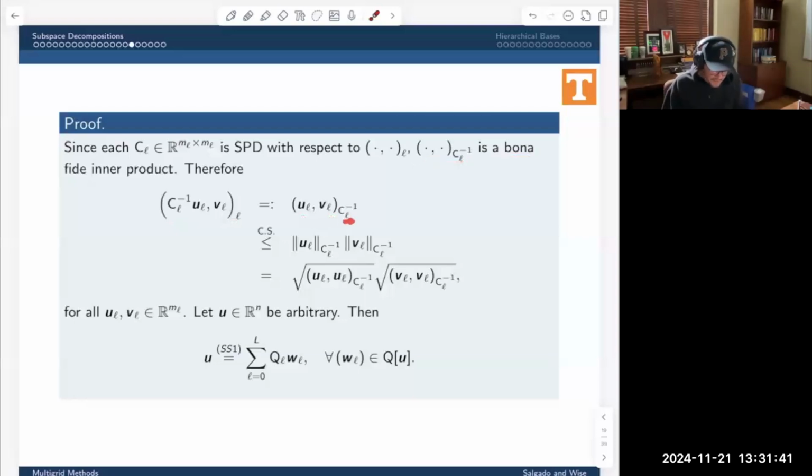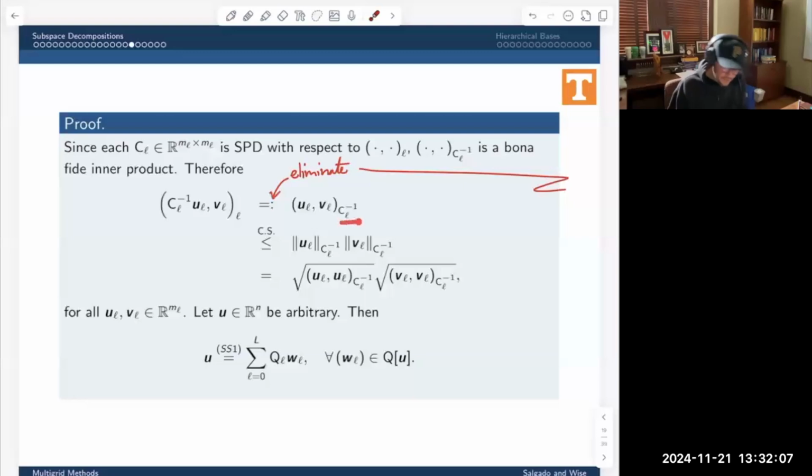Now, since this is an inner product, I want to make a correction here. Just eliminate that. Okay, I don't need that extra define symbol. All right, so since this is an inner product, we can use the Cauchy-Schwarz on this inner product.